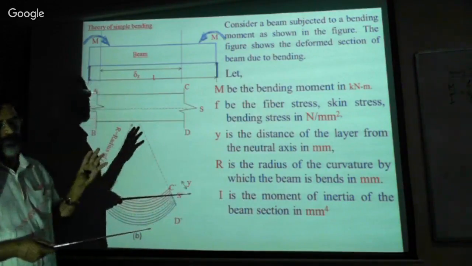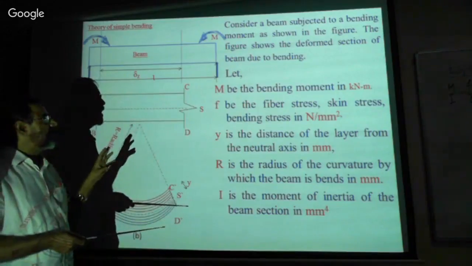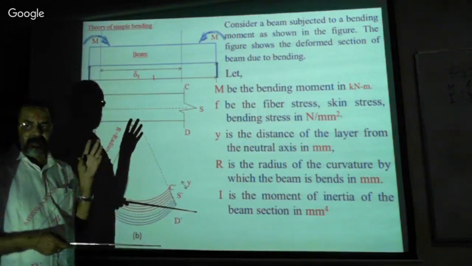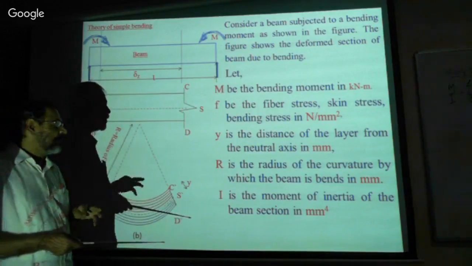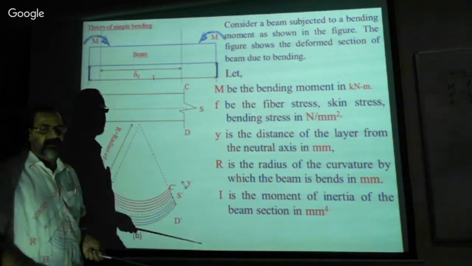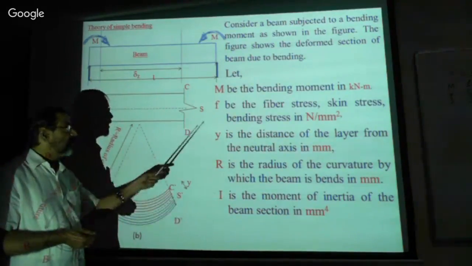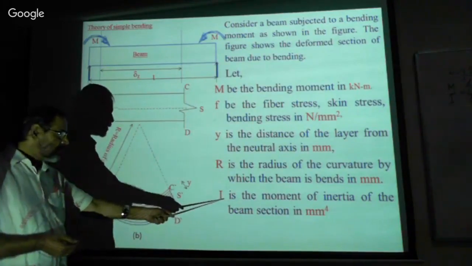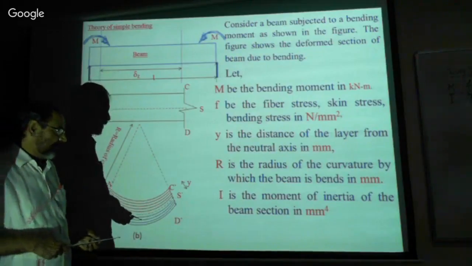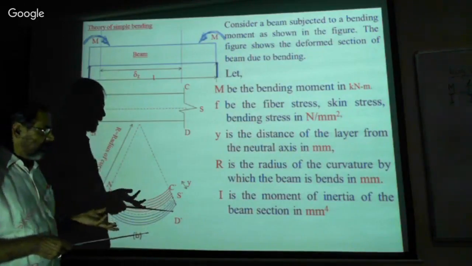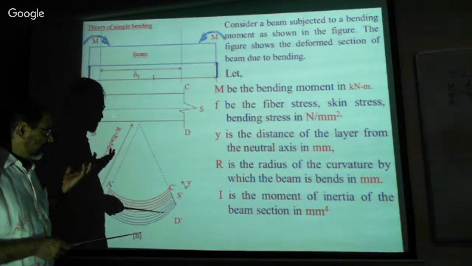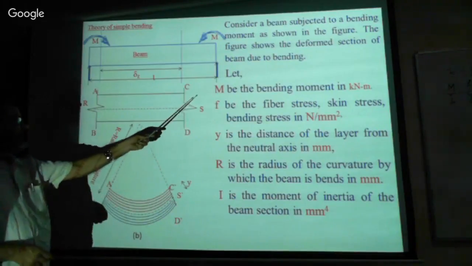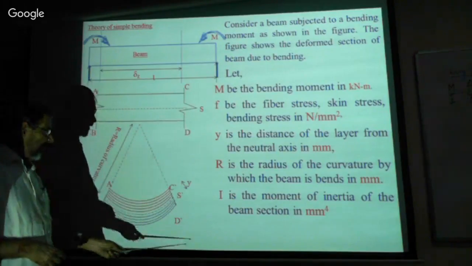To understand the bending theory, we must know the bending moment and shear force diagrams, and also the moment of inertia. We have already discussed these two chapters, bending moment and shear force, and the moment of inertia, at length. Kindly go through that. Then we will solve a few problems. These are the terms used in bending theory.